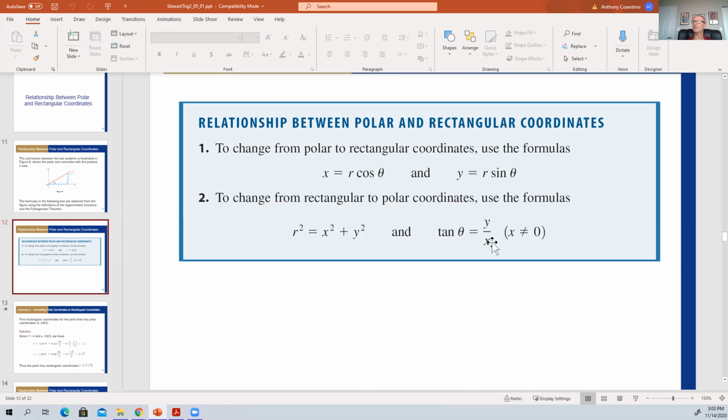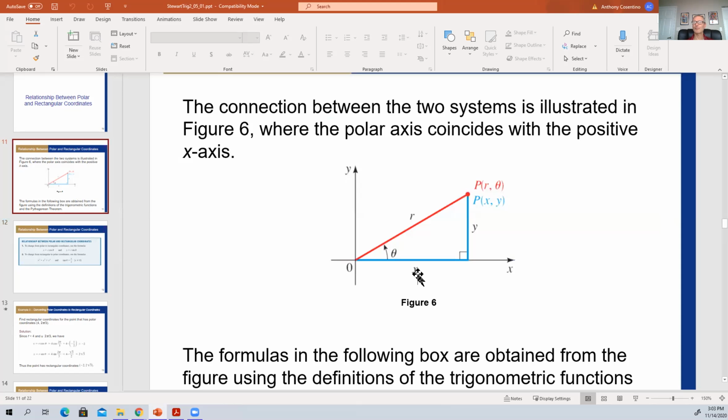So if you know y over x, you just do tan inverse to find theta. And then if you have r and theta and you want to find x and y, you could see from our triangle here that the x value would be r cosine of theta, and the y value would be r times sine of theta. So again, this idea of the unit circle right triangle approach is really important for this foundation.